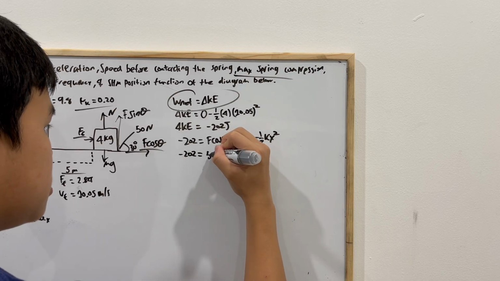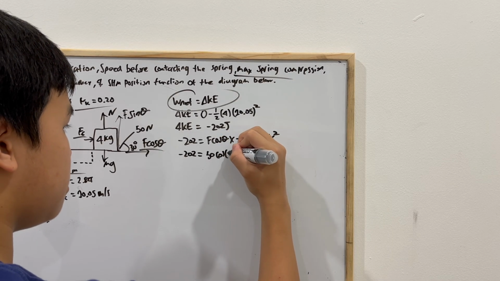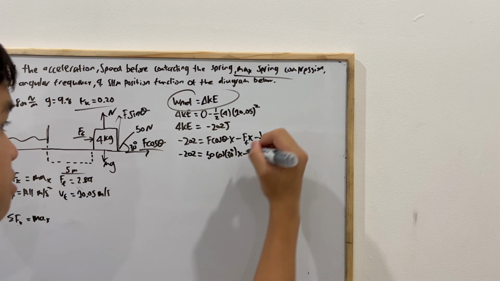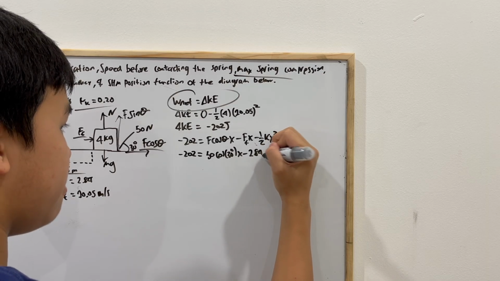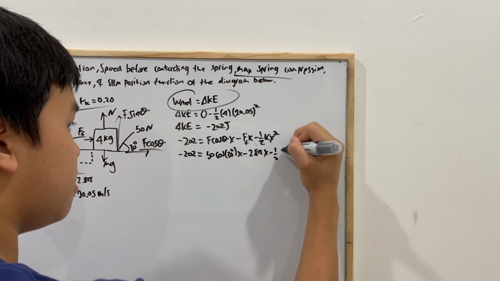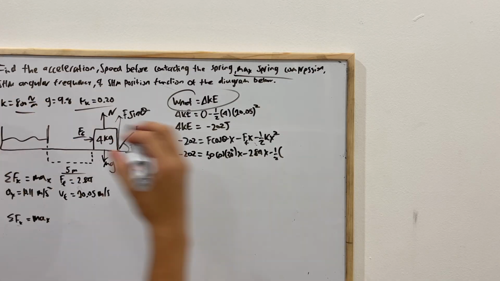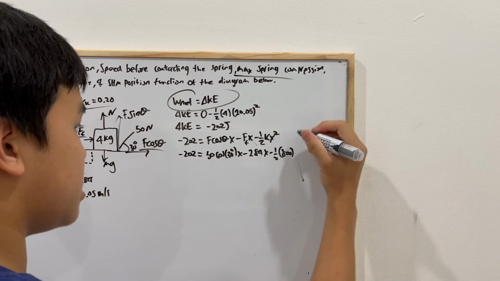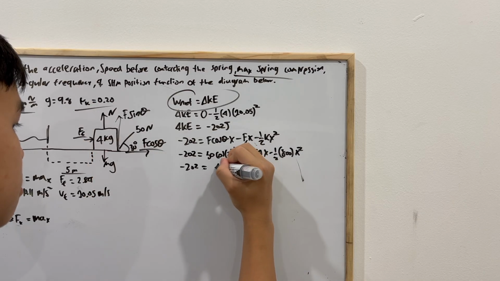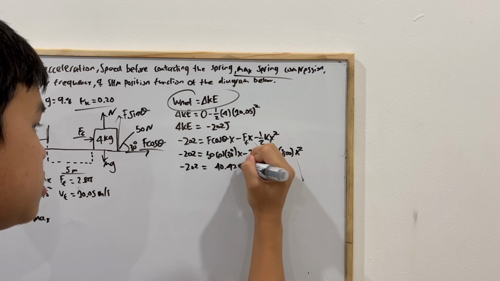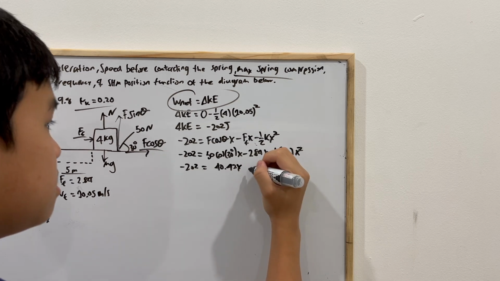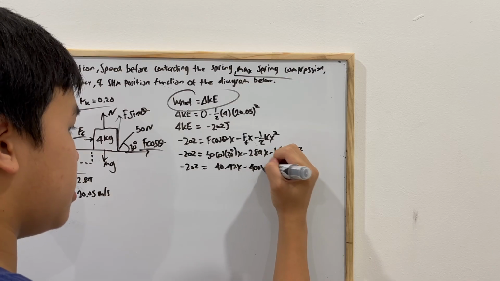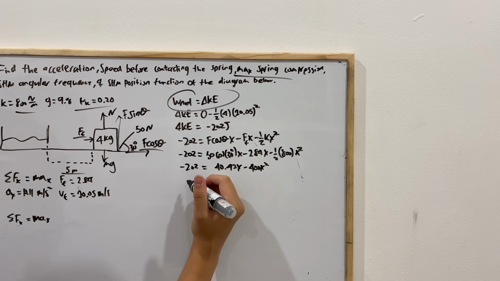We have force times cosine of 30 times x minus the force of friction, 2.84x, and the spring, which is 800 newtons per meter, with our x value, which we still don't know. I have 40.46x minus 400x squared, all equals negative 202.